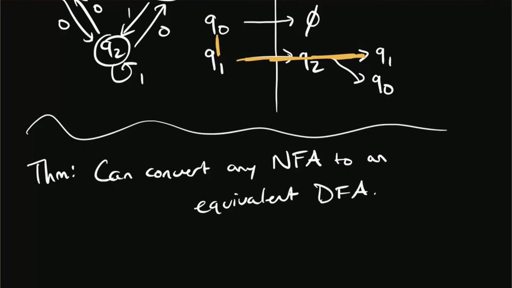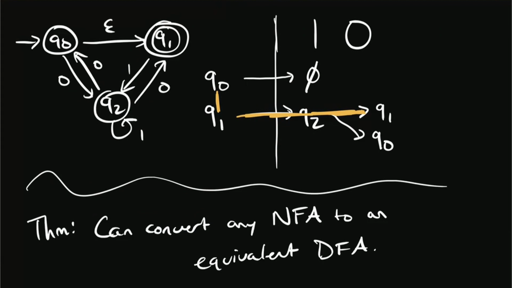This is a formal statement of a theorem. And by equivalent here, I mean they have the same language. And if we can show this, then we're all set in getting the closure results that we wanted before.